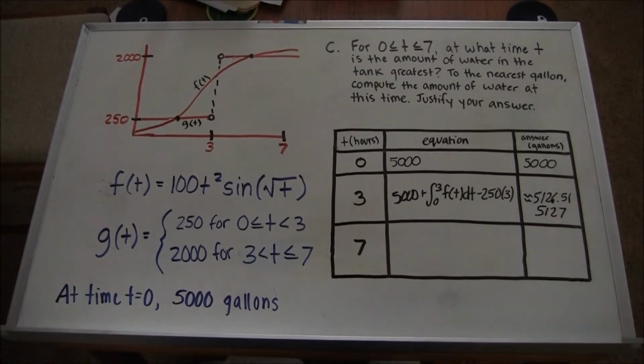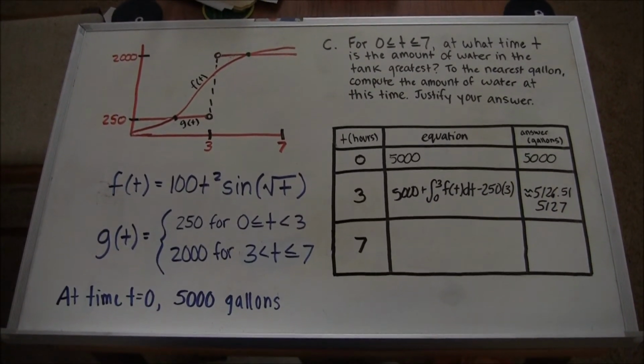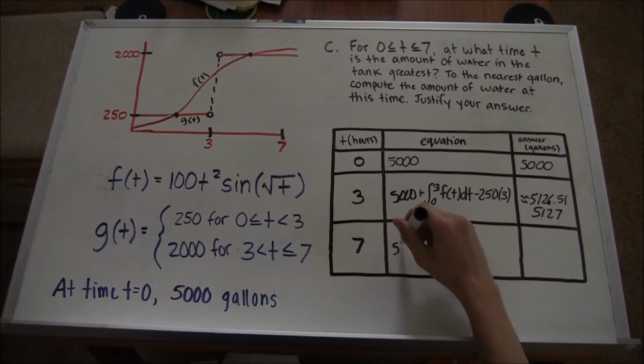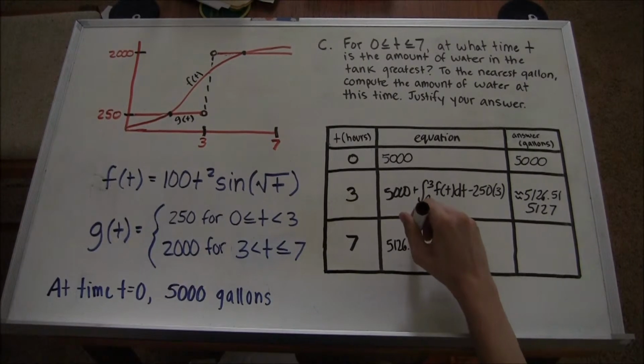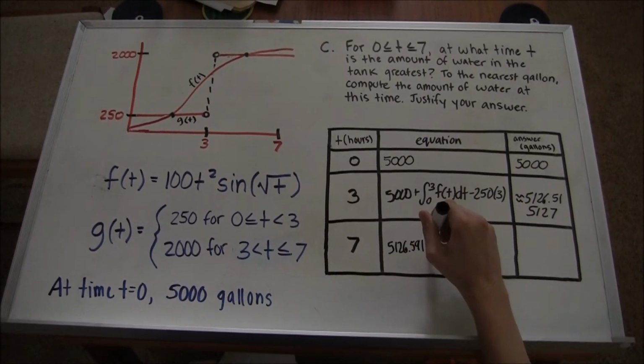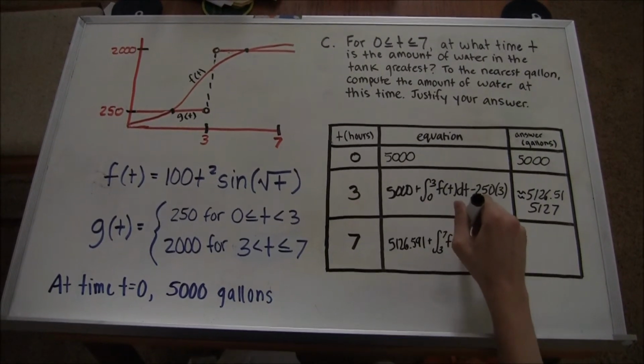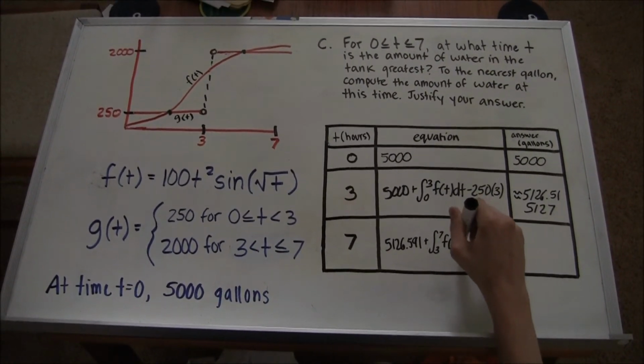For t equals 7, the amount of water within the tank is given by this equation. 5,126.591 plus the integral from 3 to 7 of f of t dt minus 2,000 times 4.